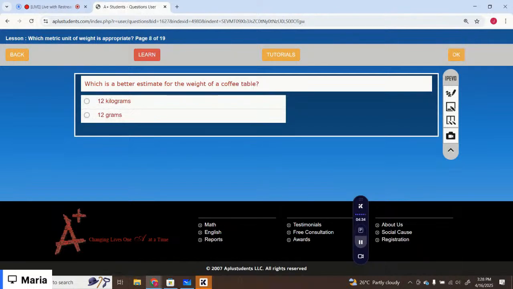Which is a better estimate for the weight of a coffee table? 12 kilograms, 12 grams.